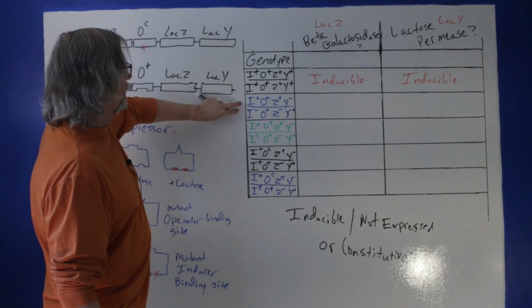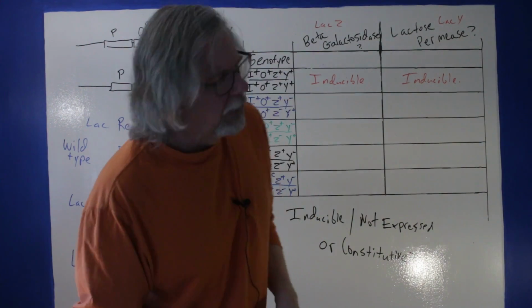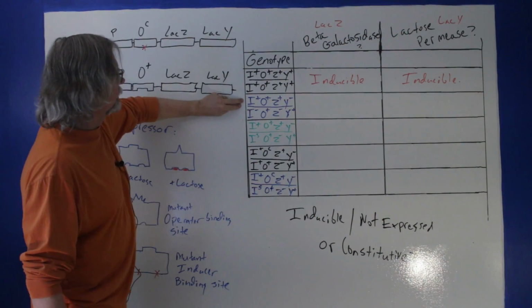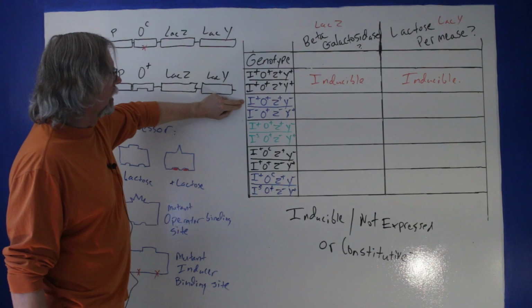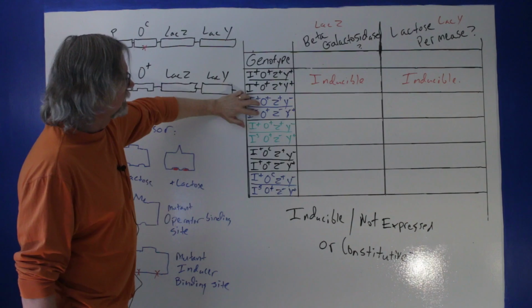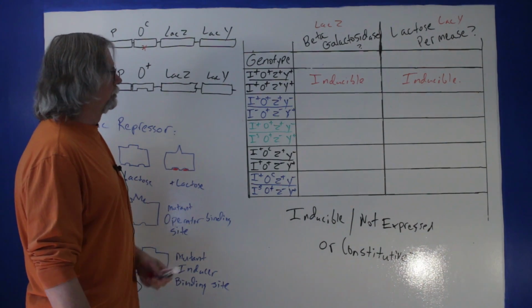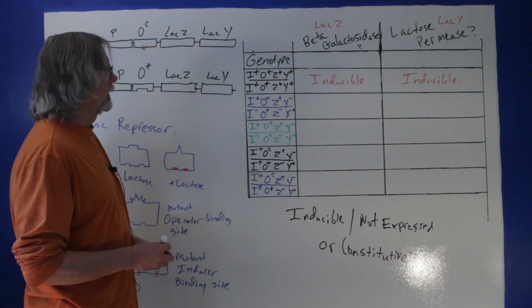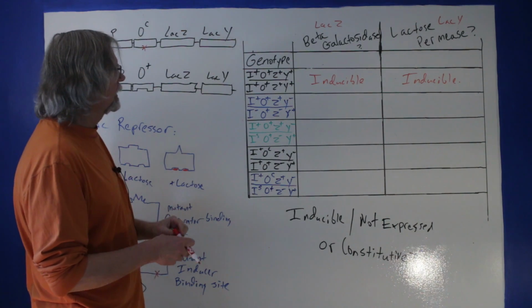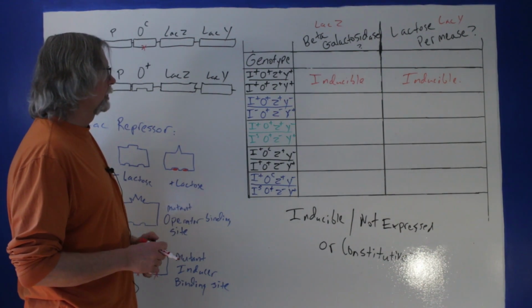The regulatory sequences, so there's a wild type repressor on the plasmid, null repressor on the other. Both of these contain wild type operators, okay? So, the situation for these is, do we see inducible, not expressed, or constitutive expression.